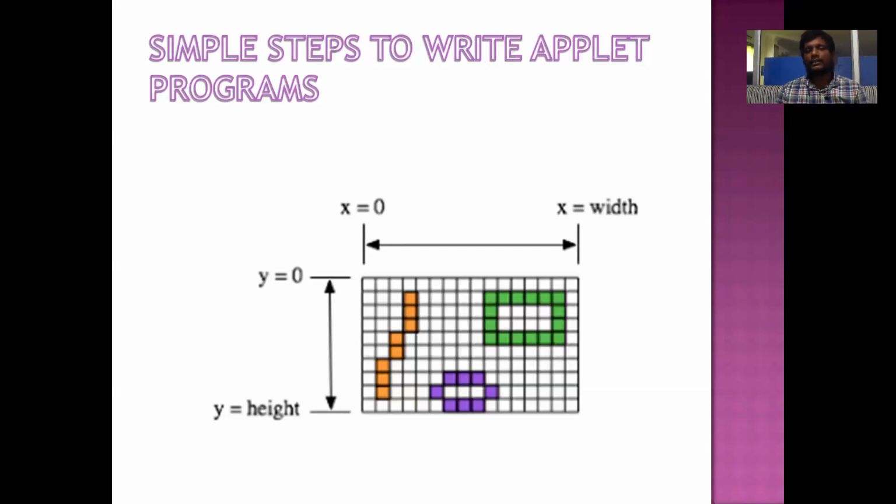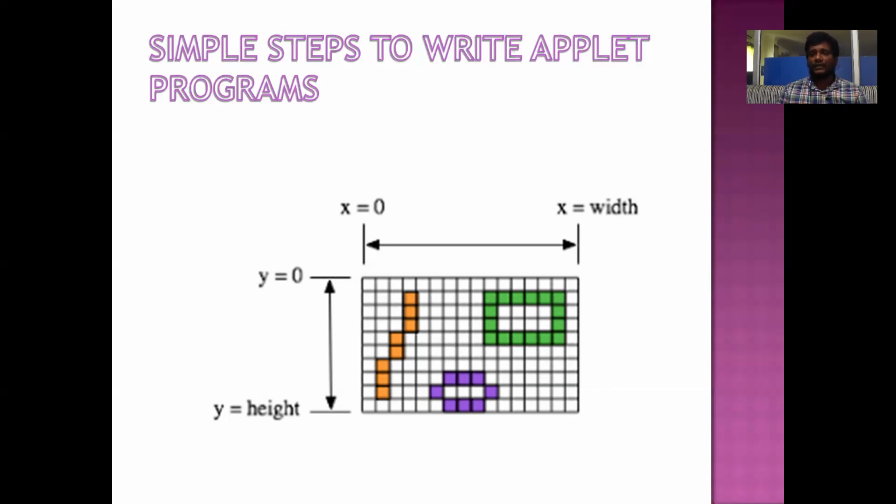And this is the figure. So the top left corner will be 0, 0, and the value of X defines the width, and the value of Y defines the height of the screen. So we start with the top left corner as 0, 0, where the X and Y values are 0, 0.